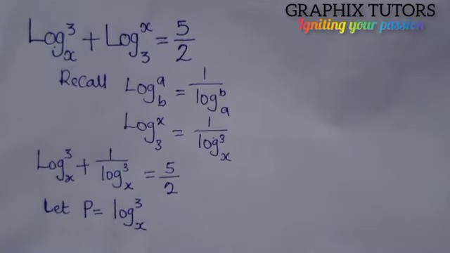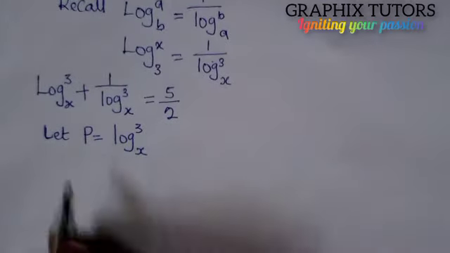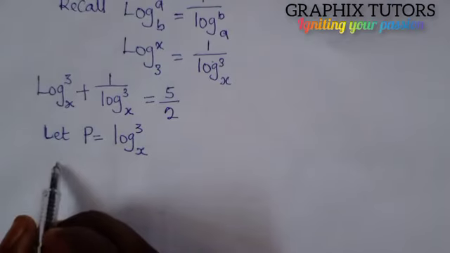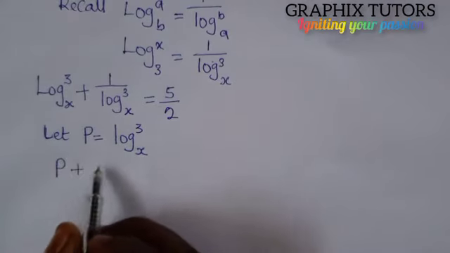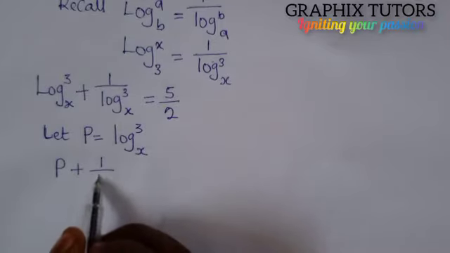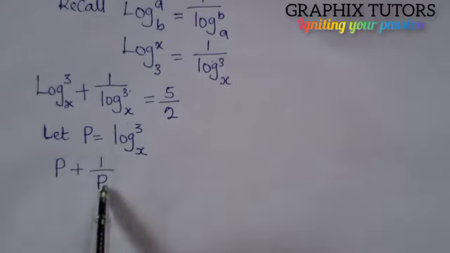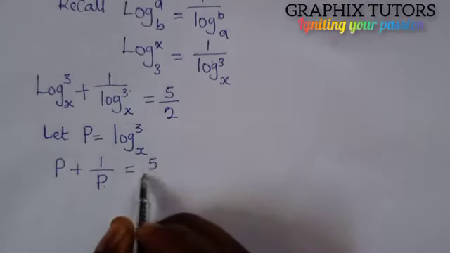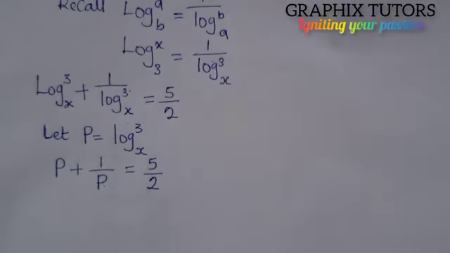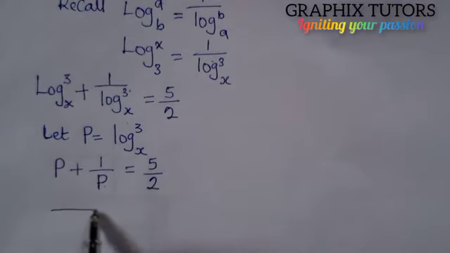Anywhere I see log 3 to base x, I'm going to have p. So this will now be p plus 1 over p equals 5 over 2.